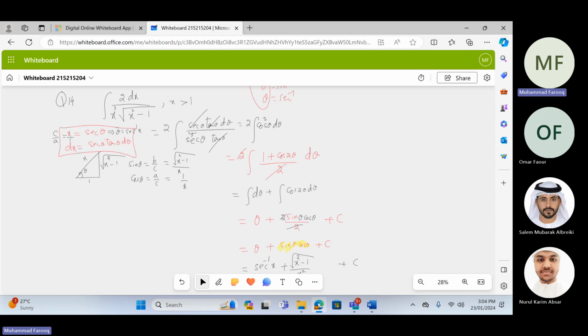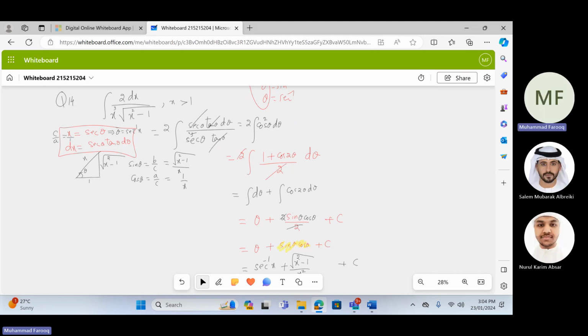From where did you get the sine theta? This one? Actually, the integration of cosine 2 theta is sine 2 theta over 2. Yes or no? Yes. Right now, sine 2 theta is a double angle. Our question is not a double angle. In the substitution, it is theta, not 2 theta. So use the identity of sine double angle.